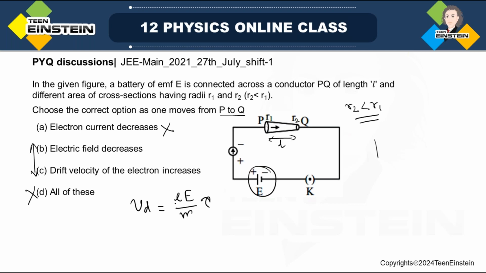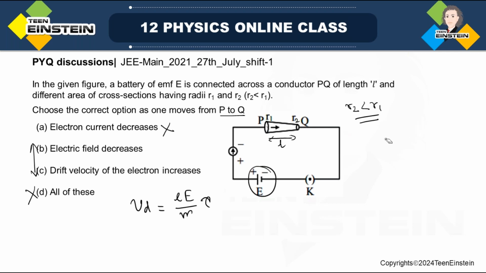Or vice versa. So we have to now check how the electric field changes through this, whether the electric field changes at all with the area of cross section. So dear students, we know resistance R is equal to rho L by A, right?